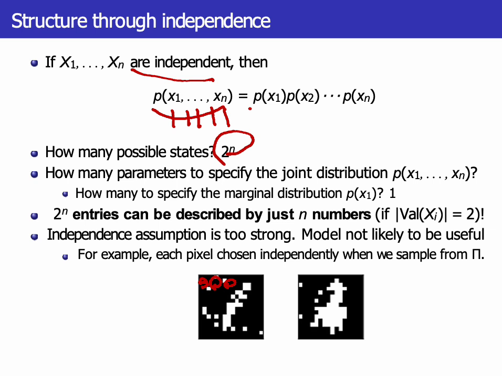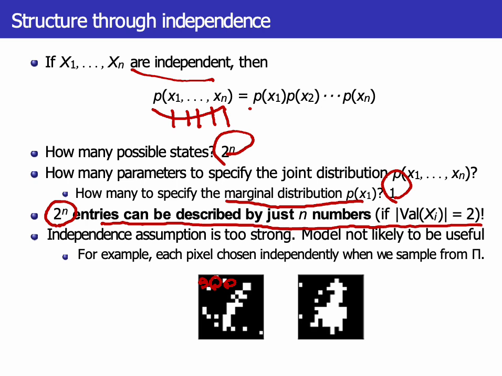And how many parameters to specify the joint distribution? How many to specify the marginal distribution of p(x1)? That is 1. So 2^n entries can be described by just n numbers.